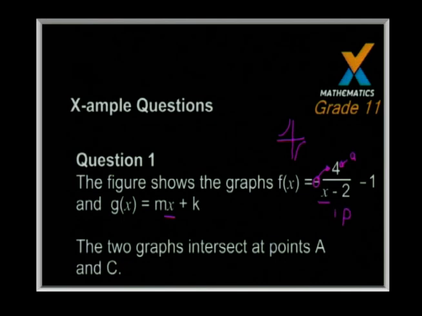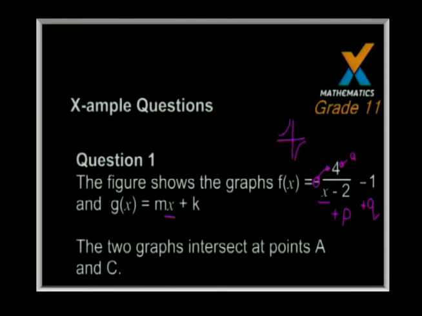And remember, in the formula, it's a plus p-value, so this p-value must be minus 2. And our other asymptote is indicated by a q. Once again, it's a plus q value, so our other asymptote is minus 1. We're not given values for the straight line, which indicates we'll probably have to find them later.